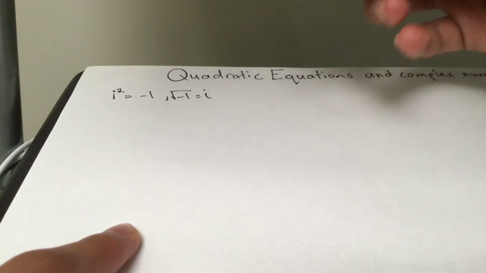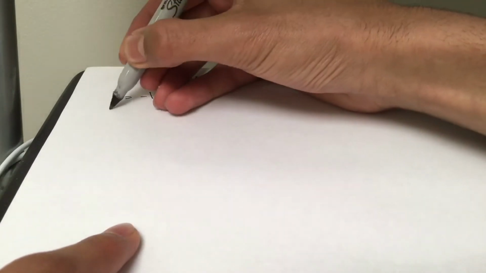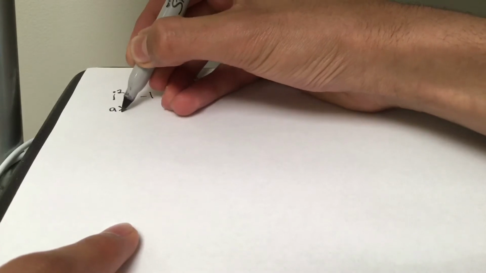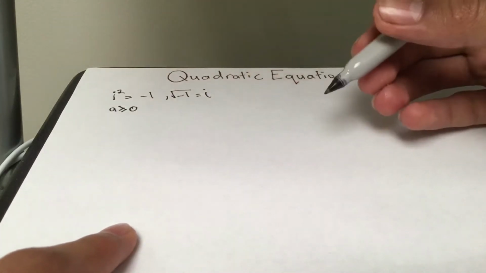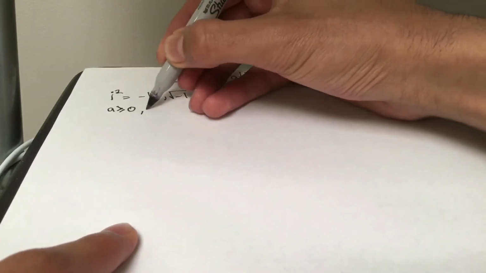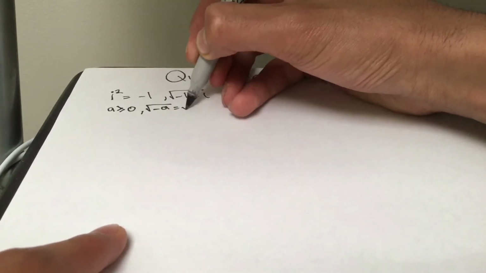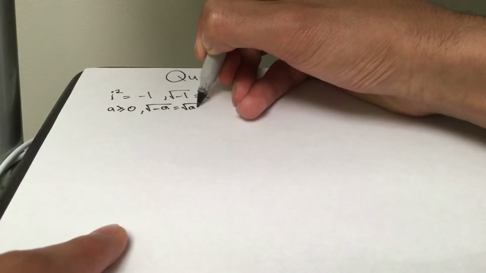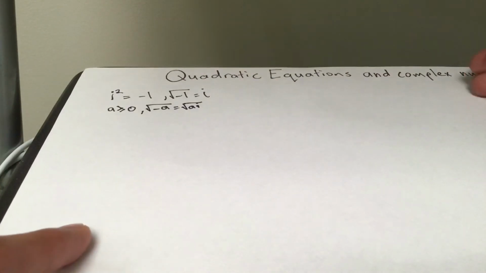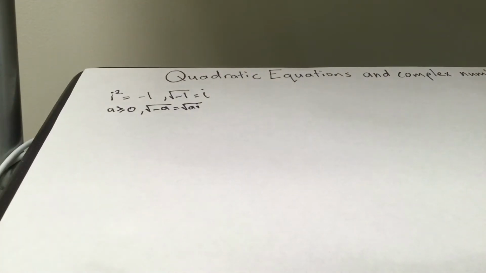So basically, a formula was made: for a greater than or equal to 0, the square root of -a is equal to the square root of a times i. i was made because when you square a positive or negative number, you get a positive answer.